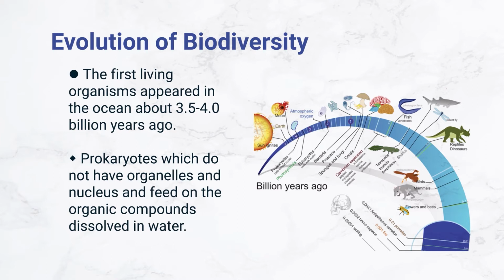The first living organisms appeared in the ocean about 3.5 to 4 billion years ago. They were prokaryotes, bacteria-like organisms. These prokaryotes do not have any cell organelles or nucleus, and they feed on the organic compounds dissolved in the water.